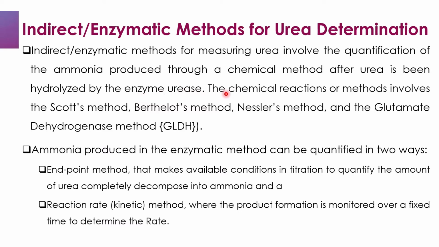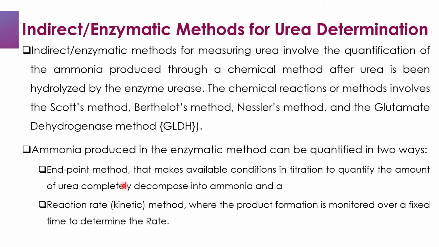The chemical methods used here are the Scott method, the Berthelot method, the Nessler's method, and the glutamate dehydrogenase method. So these are all examples of methods that are normally used in the indirect or the enzymatic determination of urea.